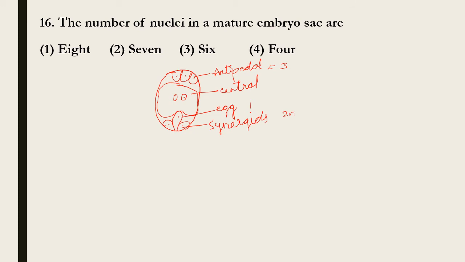So a total of 8 nuclei are present. And the types of cells are 4: antipodal, central cell, egg, and synergids.